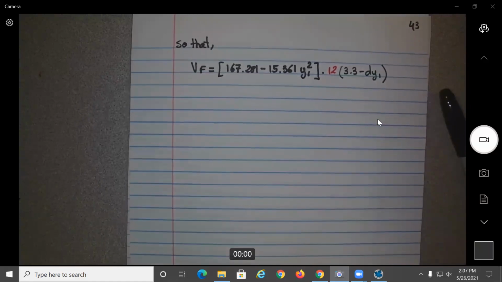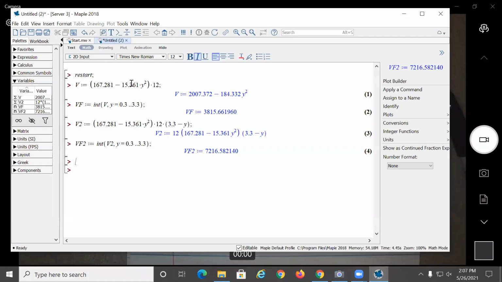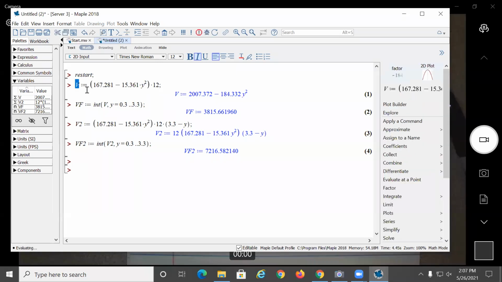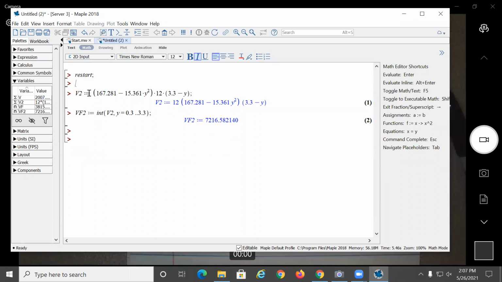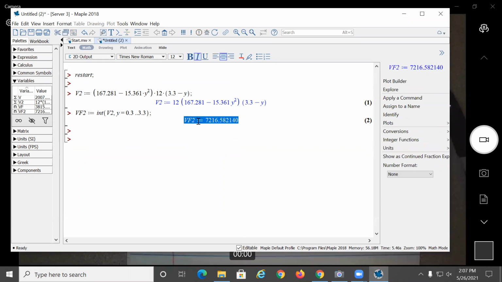Okay, so that's what I was doing here on the Maple file on the second part. 167.281 minus 15 times 12, 3.3 minus y squared. If I integrate this one between 0.3 and 3, we're gonna get that the value of the shear force is 7,216.582, which will be 7.216 kip, okay?